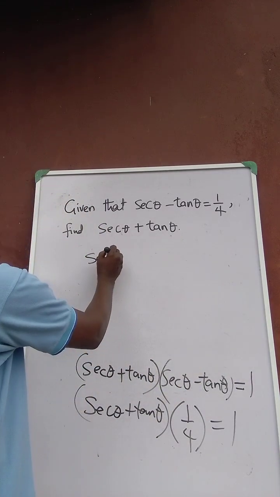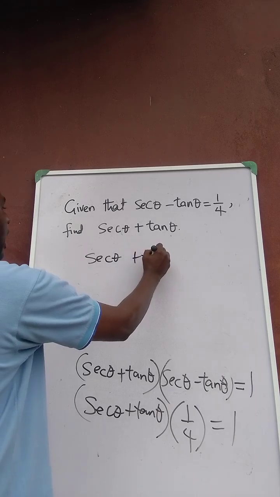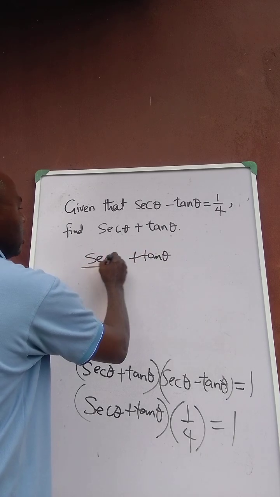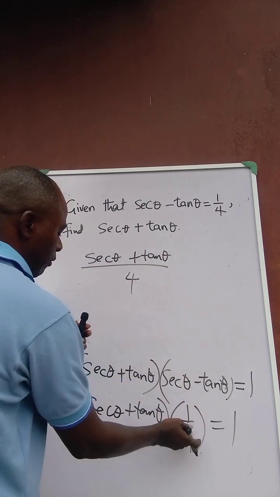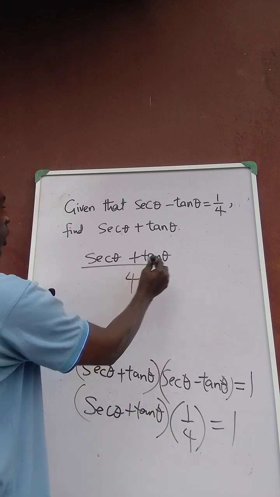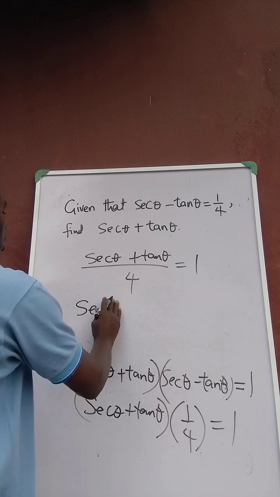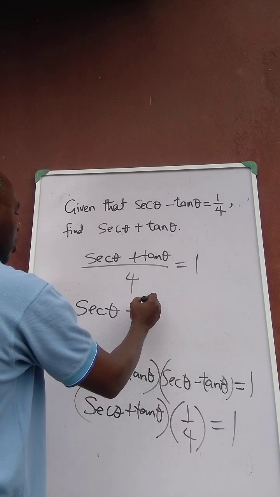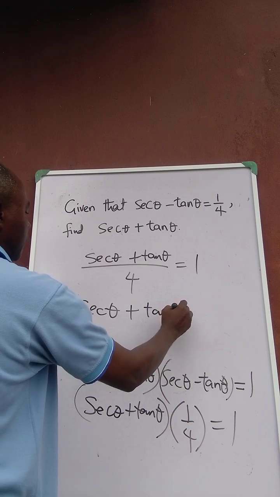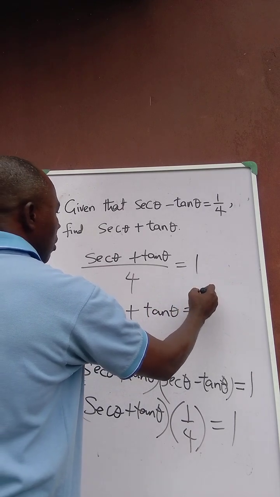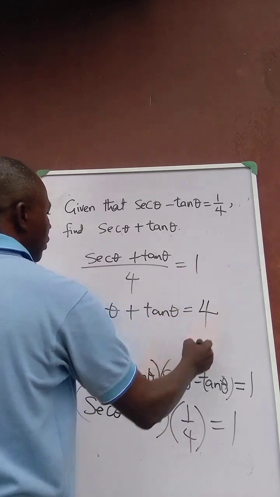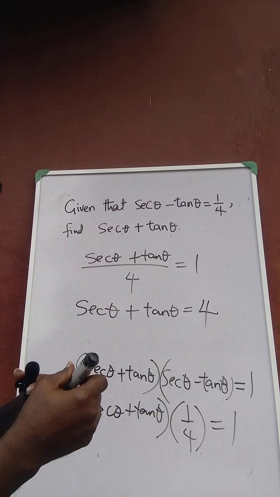Multiplying both sides by 4, our final answer will be 4 times 1, which is 4. So the answer is 4.